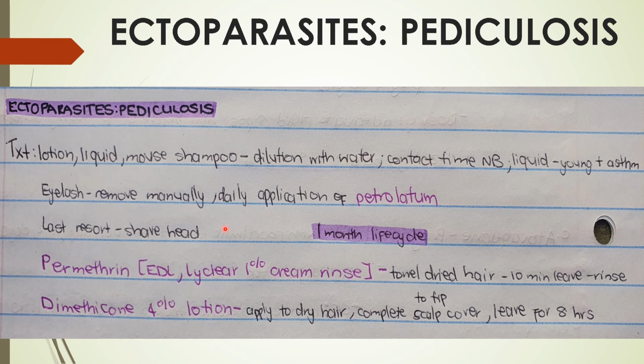And then, so treatments that you can use for the hair, you've got permethrin or EDL, or likely a 1% cream rinse. So you wash your hair and towel dry it, and then you put the solution, you leave it for 10 minutes, and then you rinse your hair, and then you continue that every single day. And then we've got dimethicone 4% lotion.